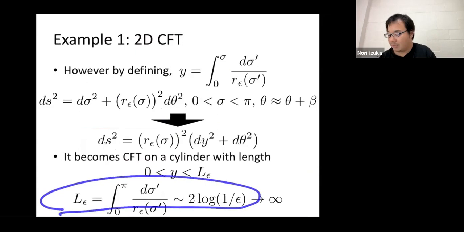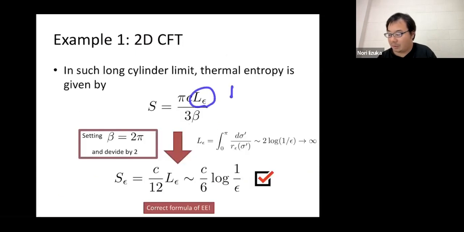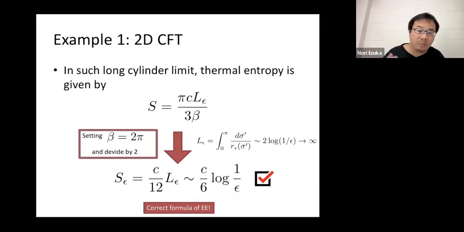You pick up directly the log epsilon coefficient, and you obtain the precise result. So it's very straightforward. What I did is introduce epsilon, regulated geometry, calculate partition function, entropy. Here entropy is straightforward because of the Cardy limit. Then look at the log epsilon coefficient, and you obtain the precise answer in this trivial example.